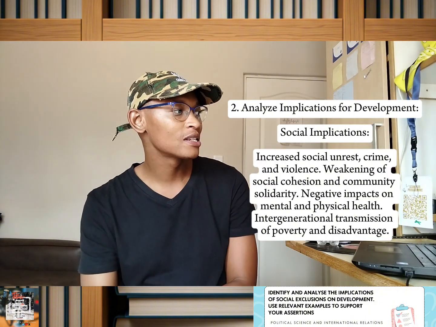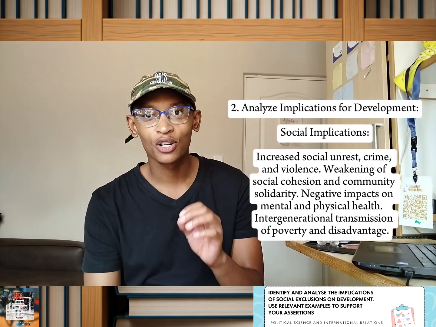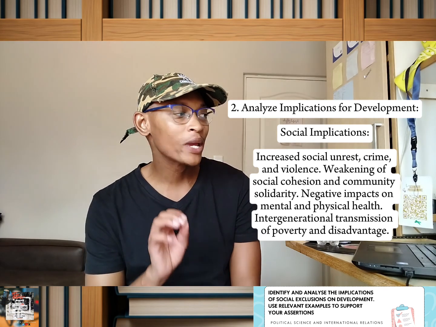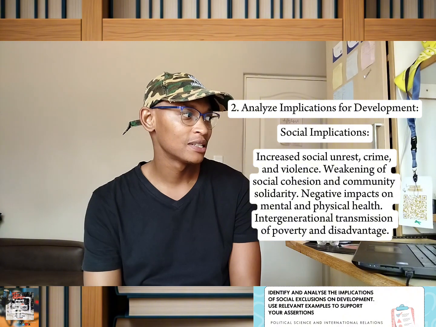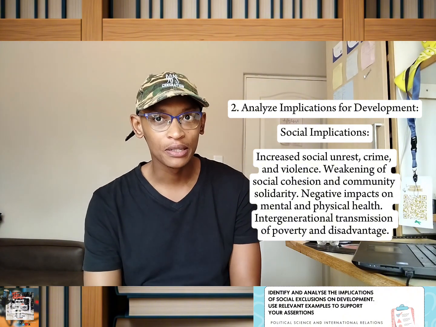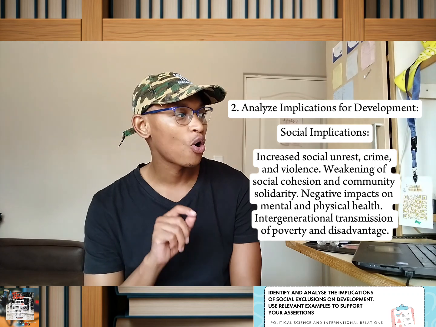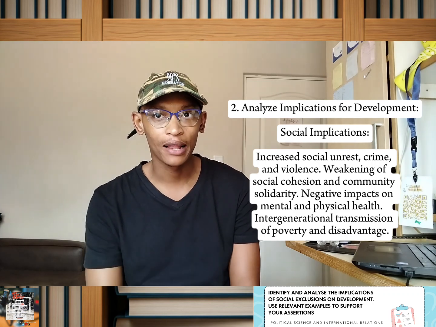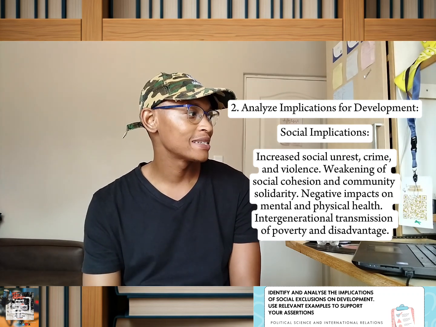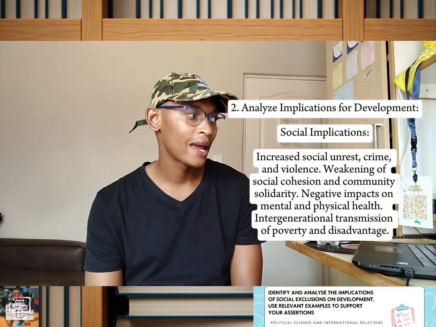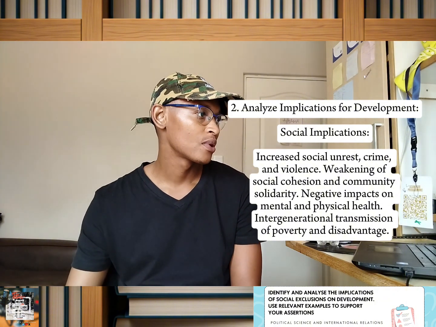First, increased social unrest, crime, and violence. We need to look at the weakening of social cohesion and community solidarity, as well as negative impacts on mental and physical health, and intergenerational transmission of poverty and disadvantage.